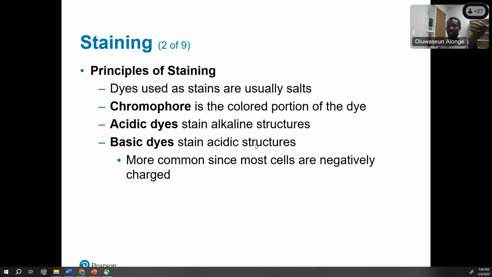So acid stain stains the basic part of the cell, and basic stain stains the acidic part of the cell.